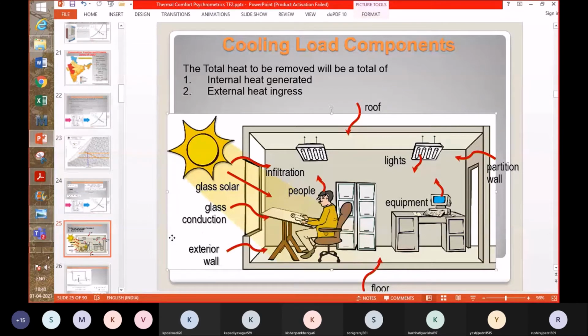Outdoor condition could be much higher temperature and maybe even the moisture level in the outside air may be much higher. So the outer surface temperature of the wall would be higher than the temperature of air in the room.